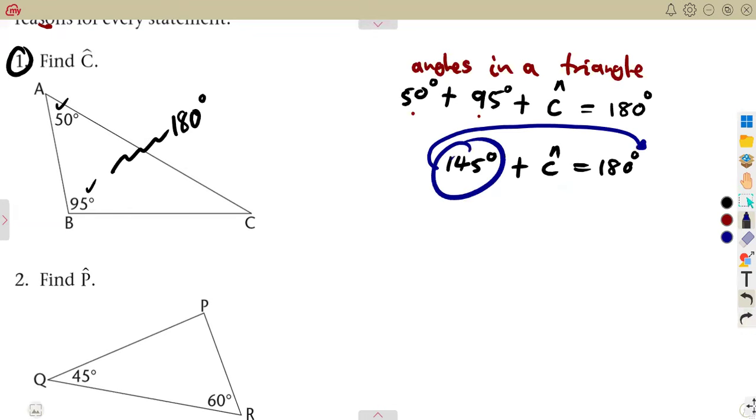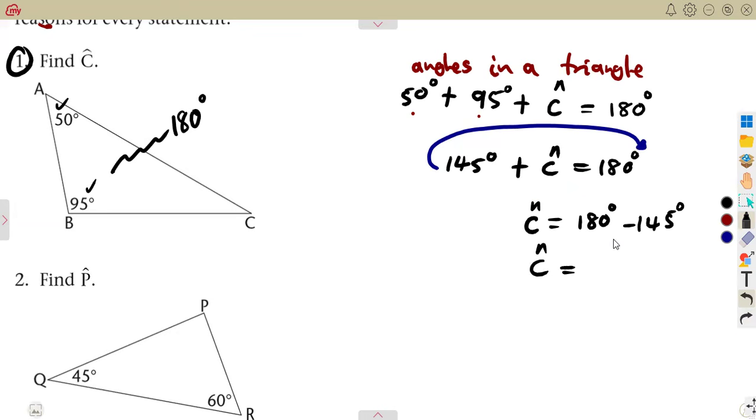So our angle C is going to be 180 degrees minus 145 degrees. If you subtract these two, you are simply going to obtain 35 degrees. That is our angle C.